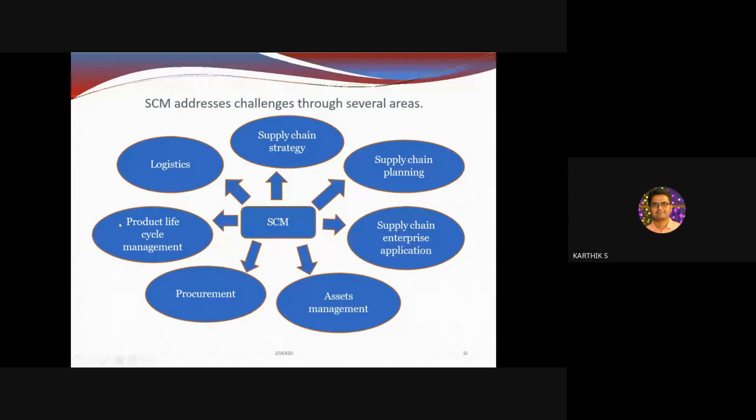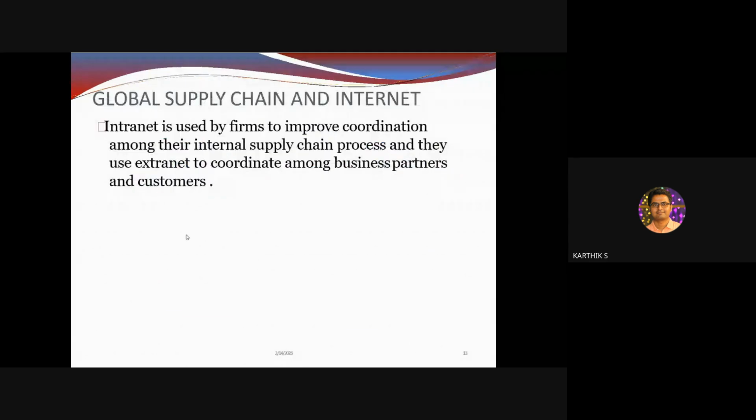This is a very important phase. Each phase has its own importance, but product life cycle management will give you an edge in the market. It will make you competitive compared to other products. Okay, moving on to the next slide.